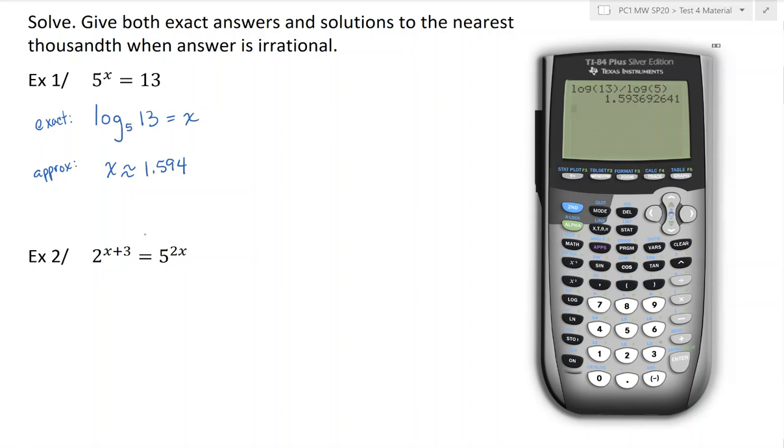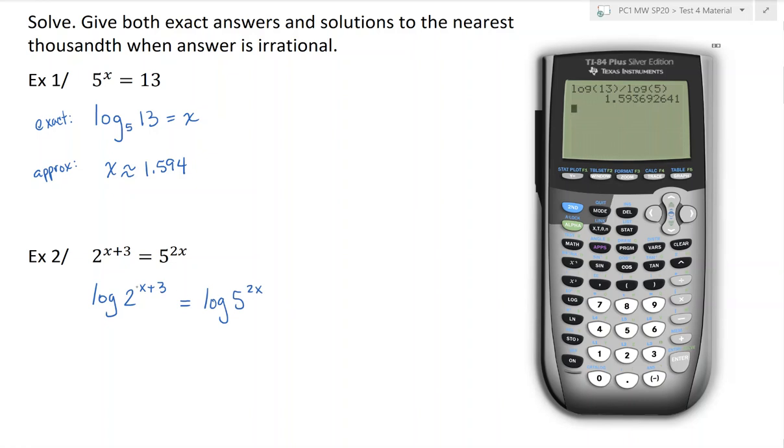And here I have 2 to the x plus 3 equals 5 to the 2x. And since I have two exponential expressions, I'm not going to be able to solve it this way as easily. So what I will do here is take logs on both sides. So we're using the log as an operator, taking the log on both sides.